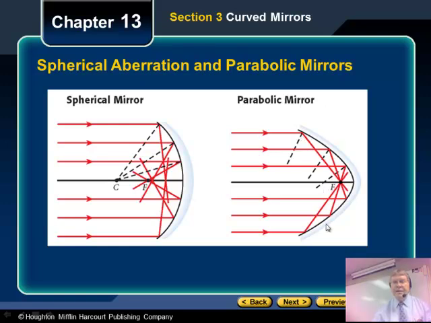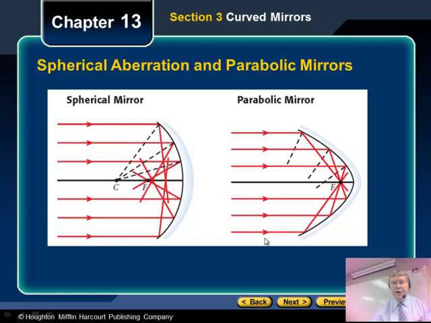If you look at this shape, this is actually the shape of, for example, the headlight on your car. That works a little bit different in that you don't have parallel rays coming in, but you want parallel rays of light going out. So by putting the lamp right here, the rays of light coming out are being reflected by the parabolic reflector, and they are all going out.